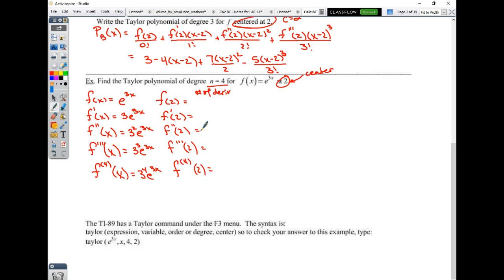So, f of 2 is e to the 6. Luckily, this actually proves to be fairly simple because each one of these really just changes the e from e to the 3x to e to the 6.